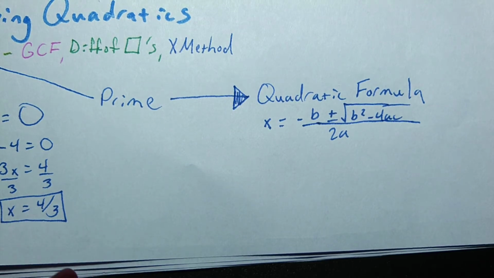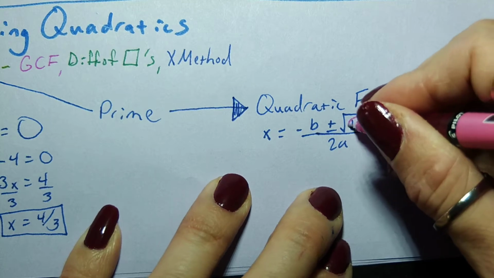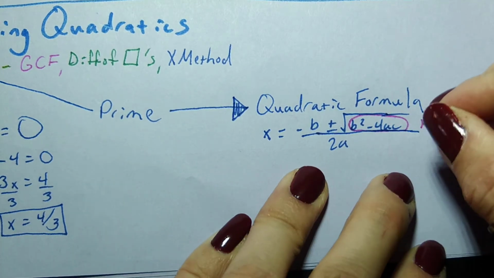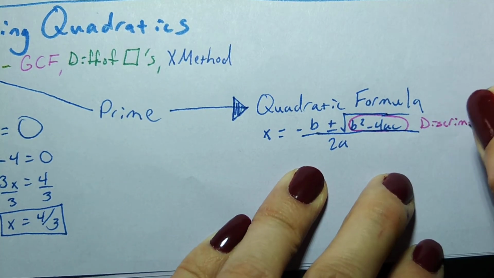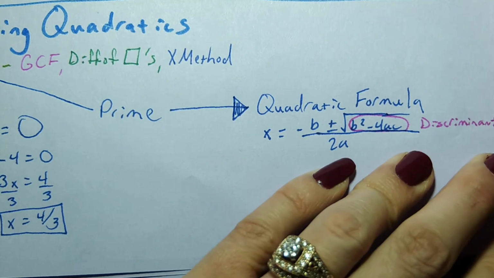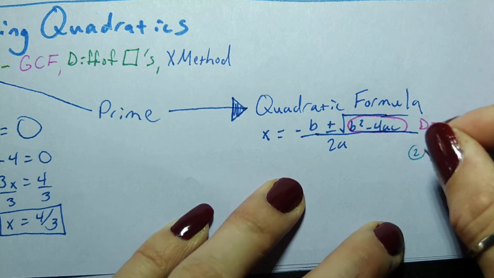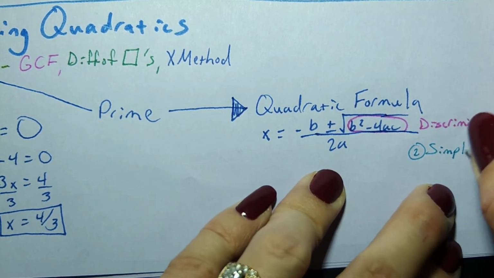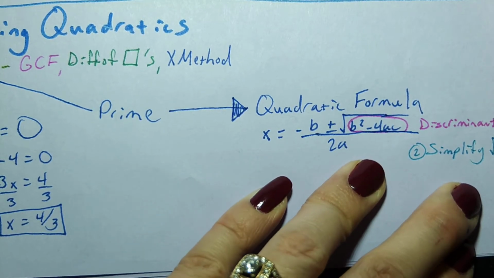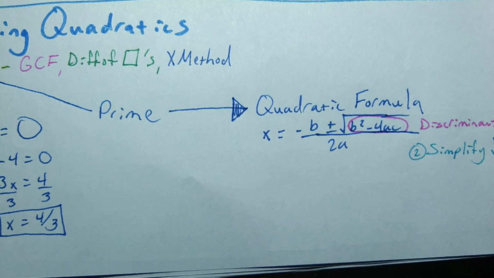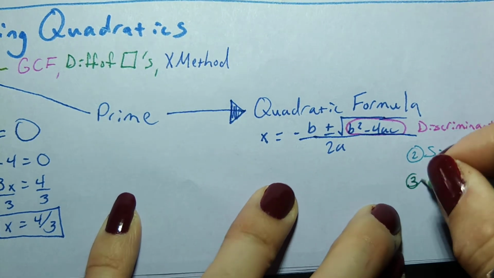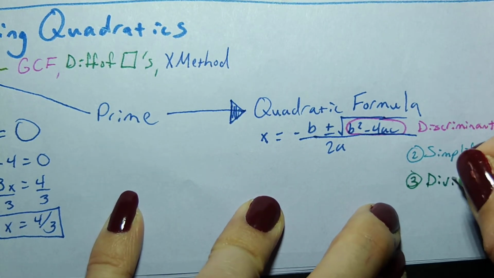So where do we start simplifying the quadratic formula? We start with the stuff under the square root, which we call the determinant. That's step 1. Step 2 is simplify the square root itself by taking out perfect square factors. Step number 3, division distribution.